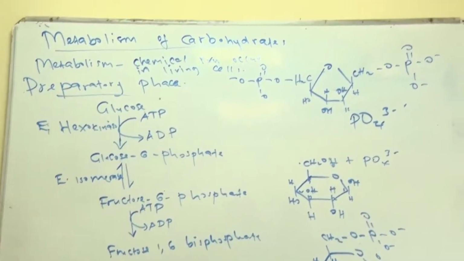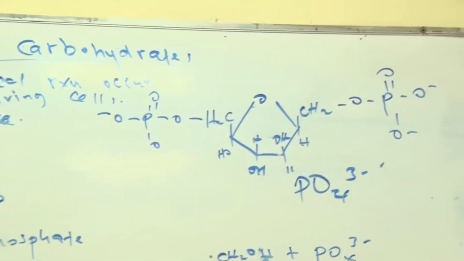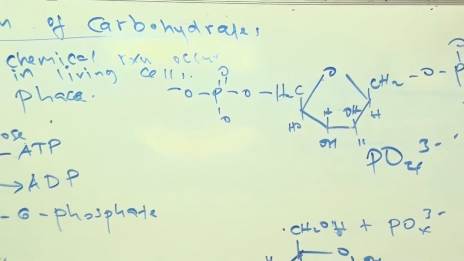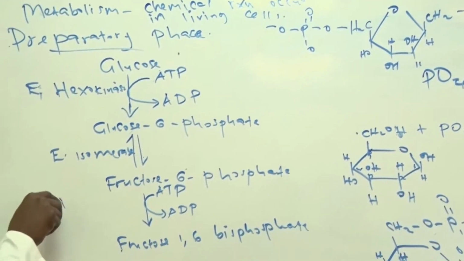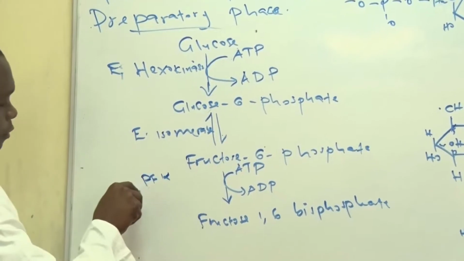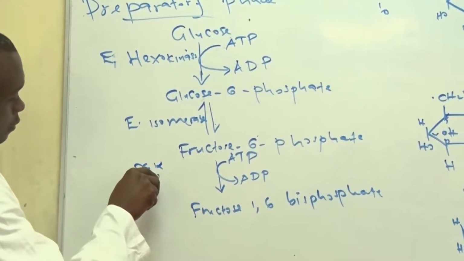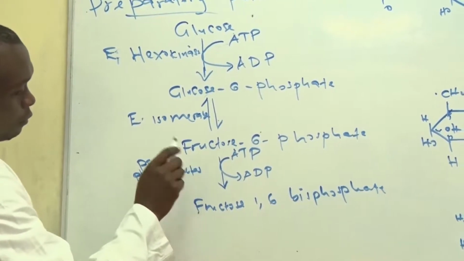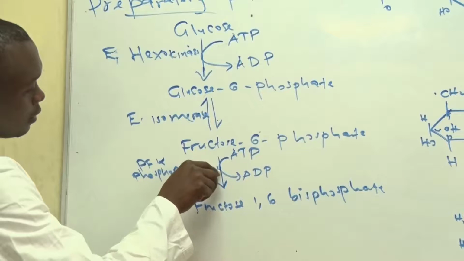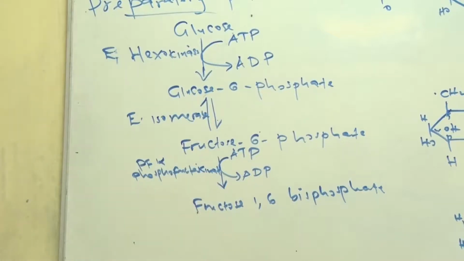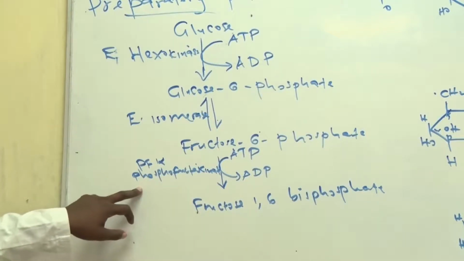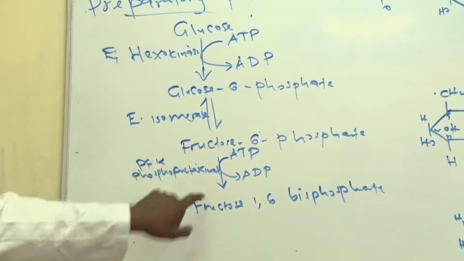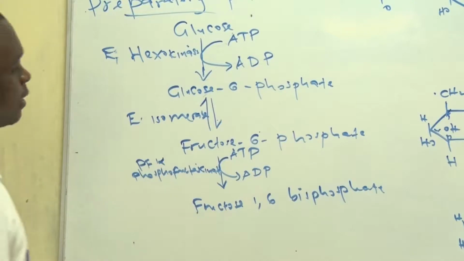The enzyme involved is phosphofructokinase, PFK. So the enzyme involved in the formation of fructose 1,6-bisphosphate is called phosphofructokinase enzyme.